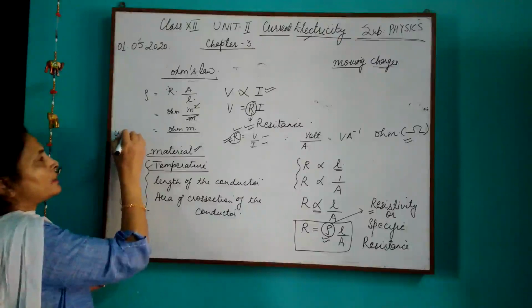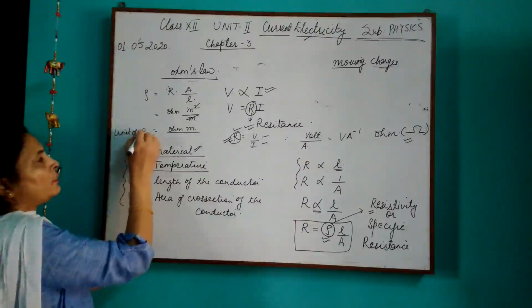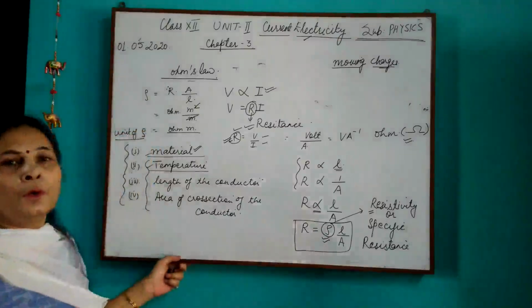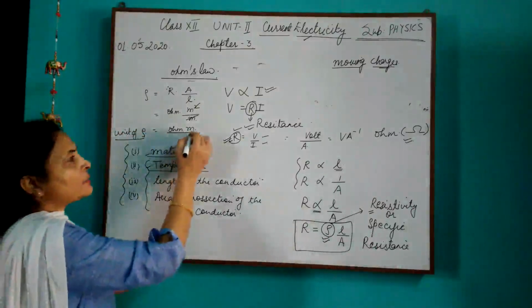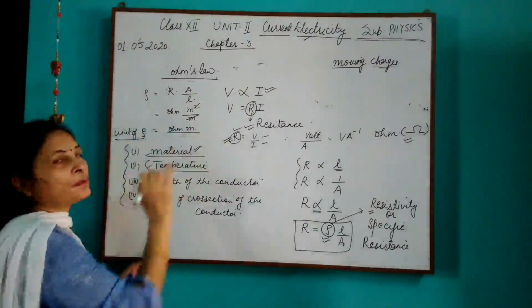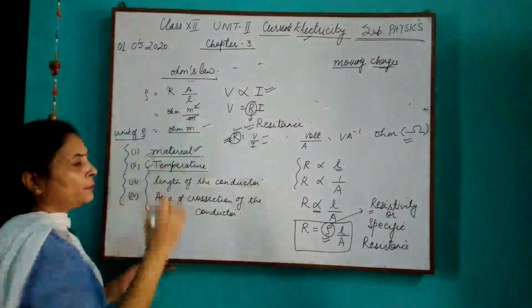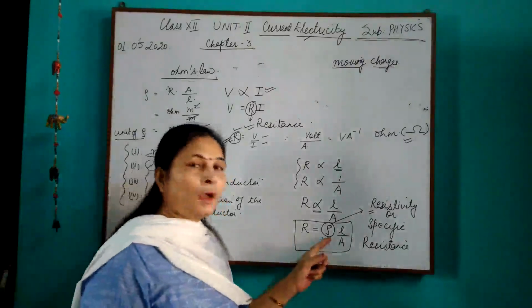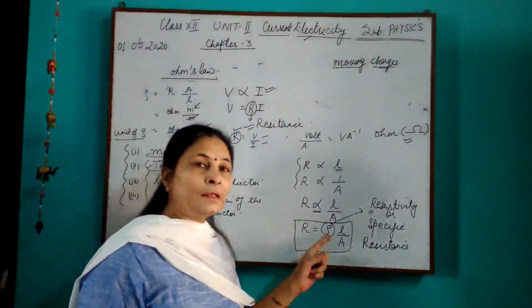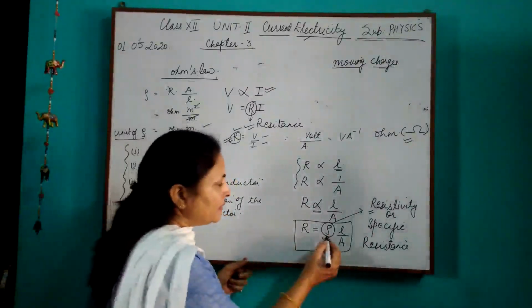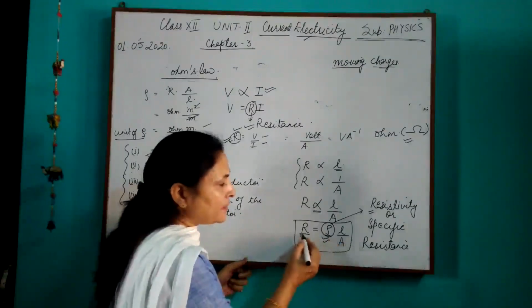So this is the unit of rho. Most of the time students write by mistake per meter, but it is ohm meter. This is the unit. Now from here, how will you define resistivity? Resistivity is the resistance.